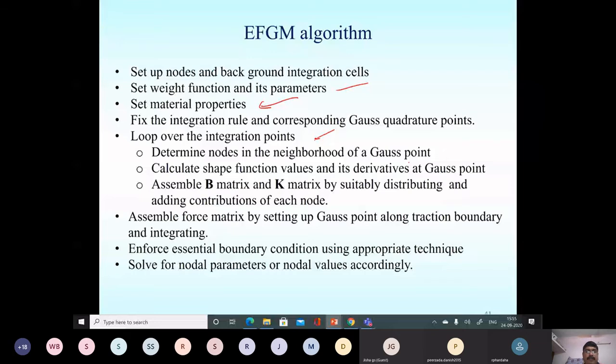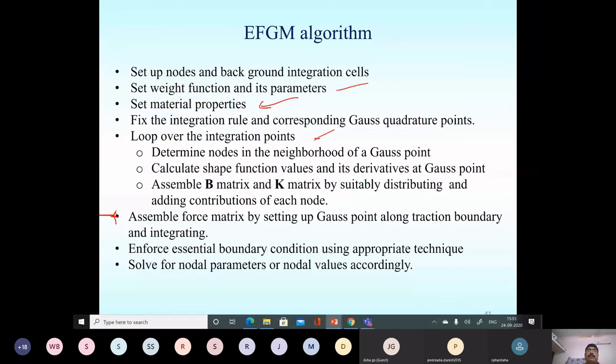Okay, and then assemble the force matrix. You complete the loop here. Then enforce the boundary condition. Okay, solve for nodal parameters. Okay, that is the EFGM algorithm.